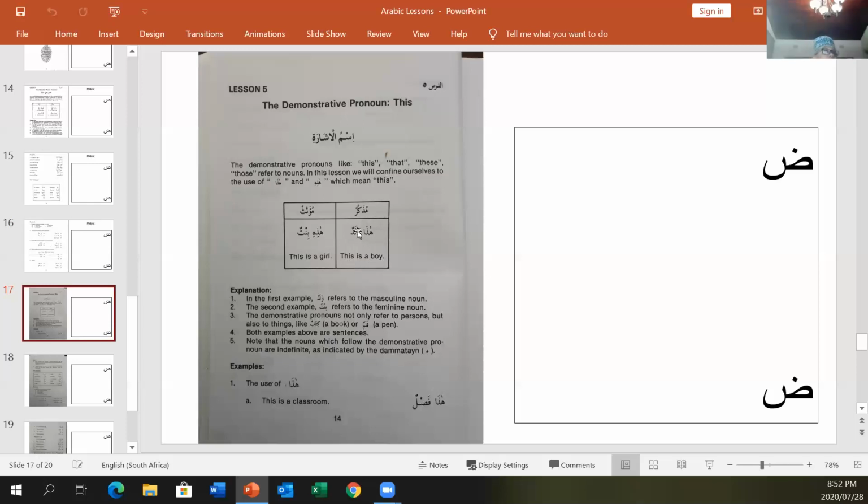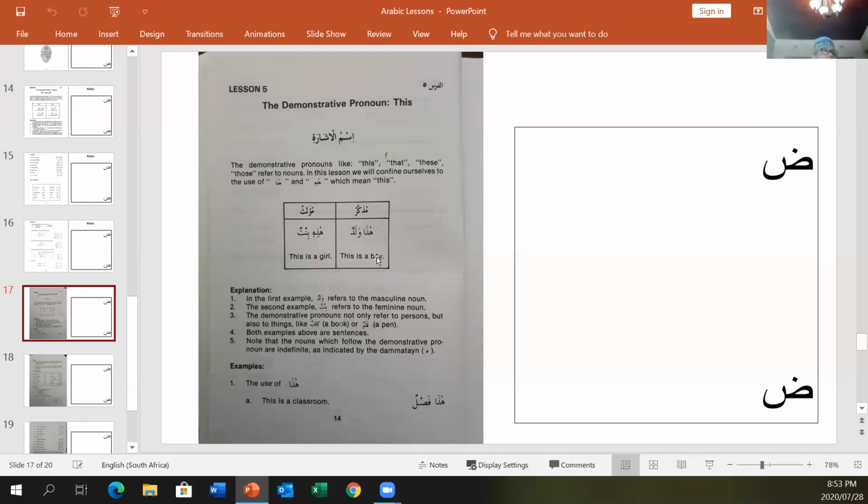If you literally translate hadha waladun, you will say this a boy. You can translate it as this is a boy, but "is", as I indicate to you, is just brought in to give us better understanding.